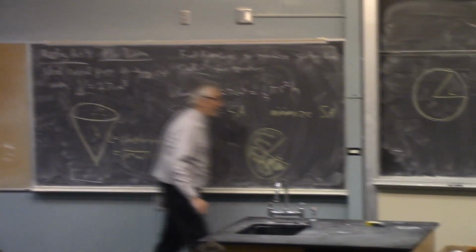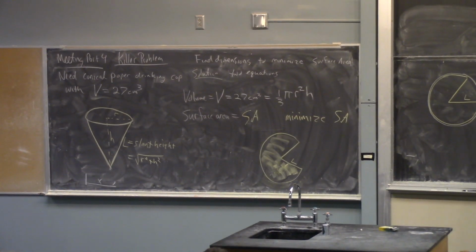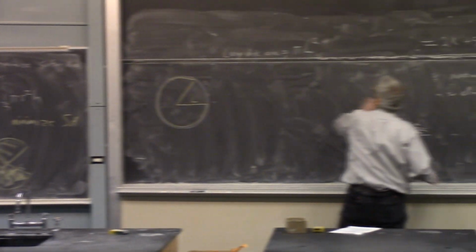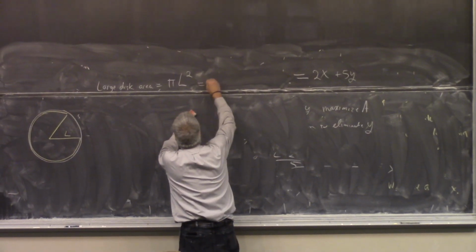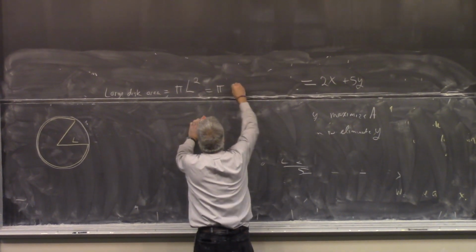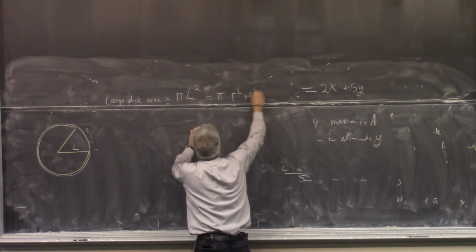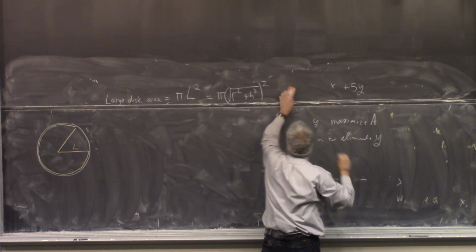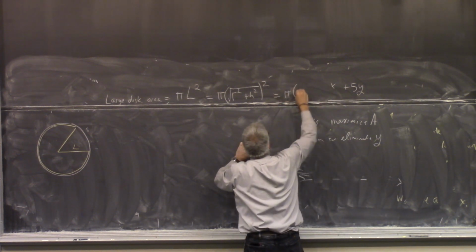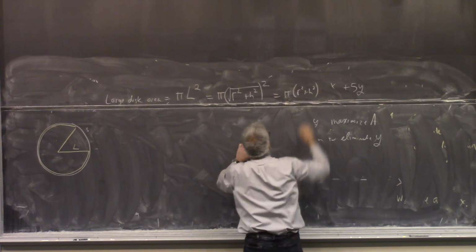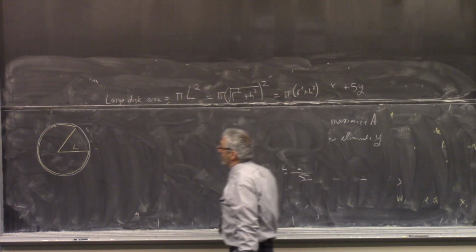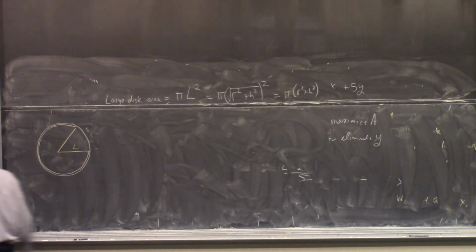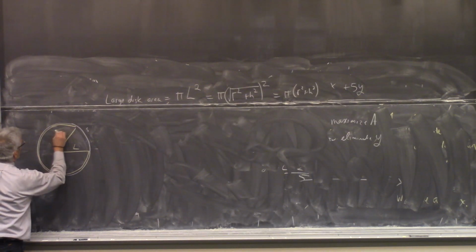So going back over here, pi times the square root of r squared plus h squared, and then that's being squared, so it's pi times r squared plus h squared. That's the large disc area. But that's not the area that we're after. We're after this area.